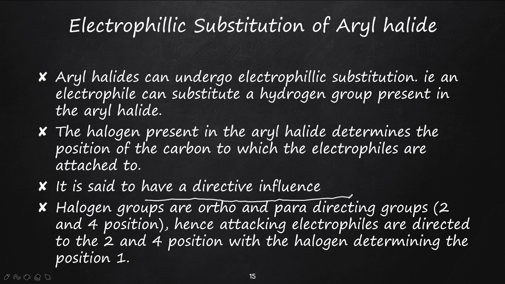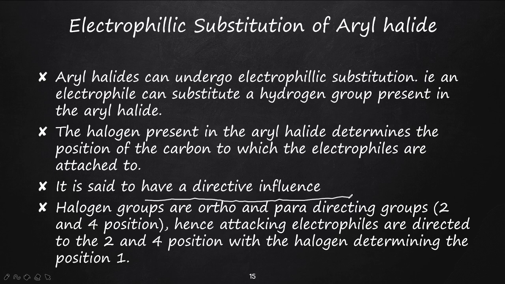Mainly this is because halogens have lone pairs of electrons. Substituents with double bonds that are deactivating are meta directing, but when there's no double bond present and they have lone pairs, they're ortho and para directing.